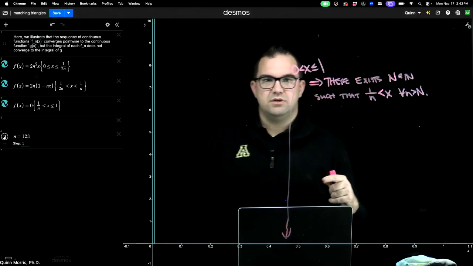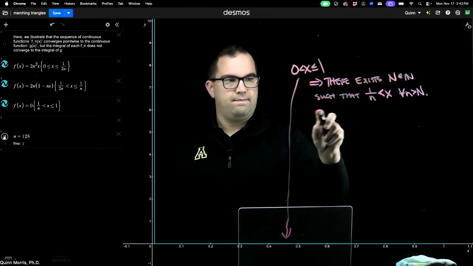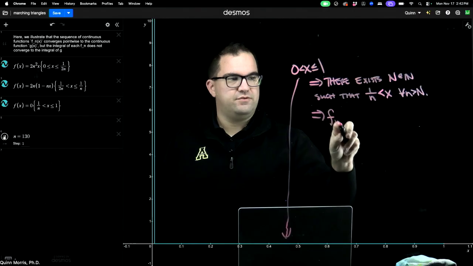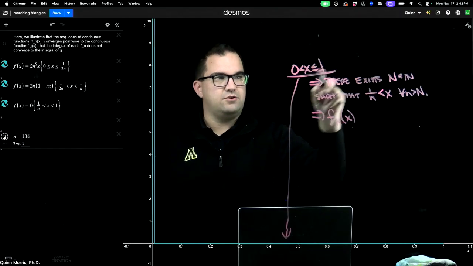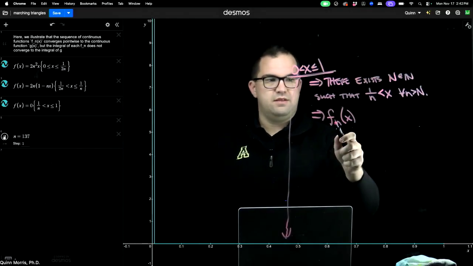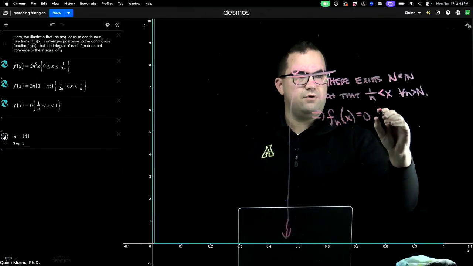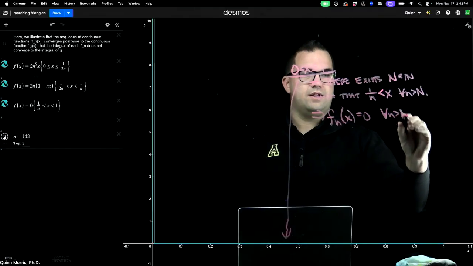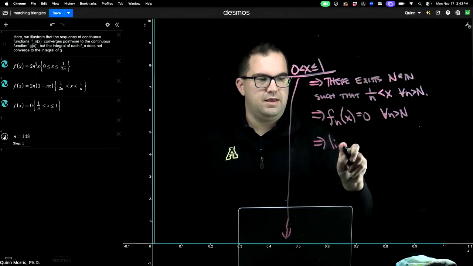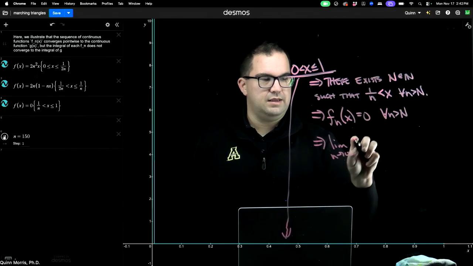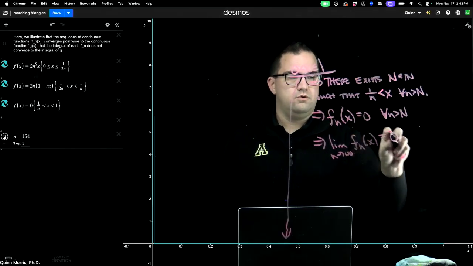Well, in that case, what that tells us is that eventually f sub n of that particular x value, so I'm still just looking at x values that satisfy this property, will be equal to 0 for all little n greater than that capital N. That tells us that the limit as n goes to infinity of f sub n of that fixed x value will be equal to 0.